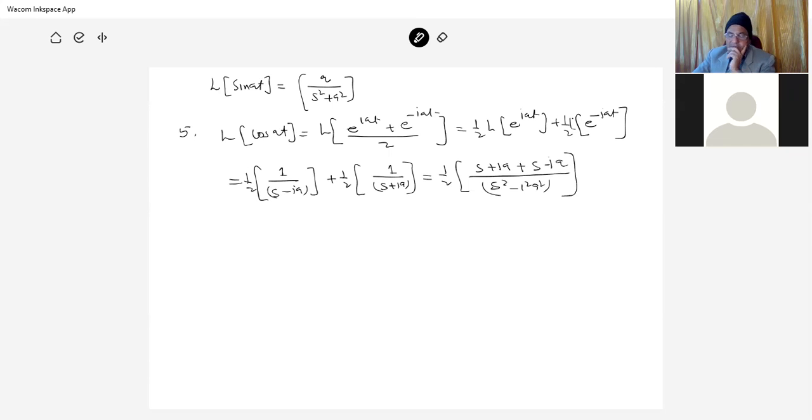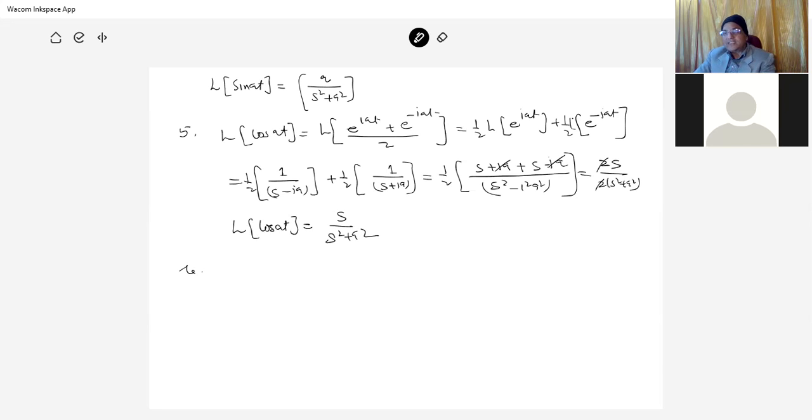So we see ia is cancelled, s plus s divided by 2, so it is 2s by 2 times s square plus a square. So the 2 cancels. L of cos at is equal to s upon s square plus a square.